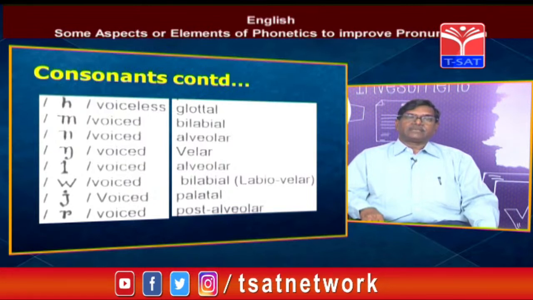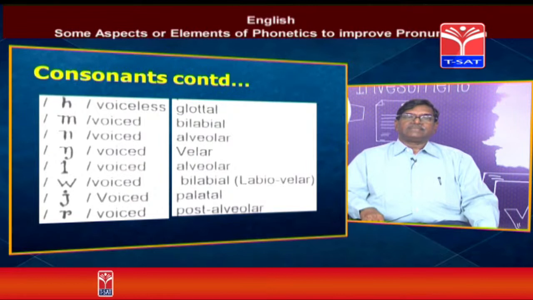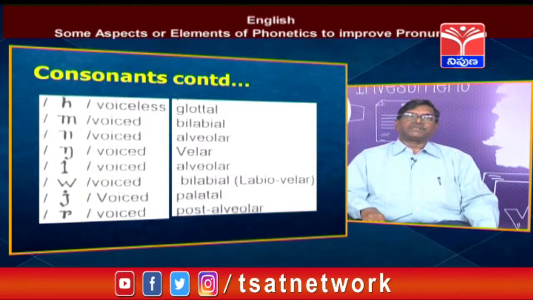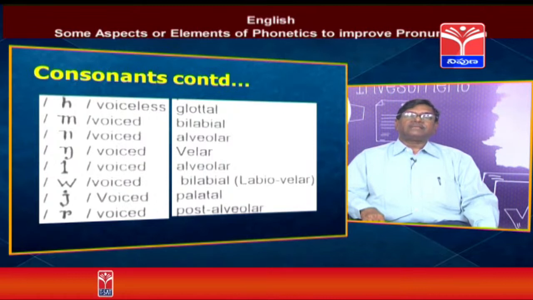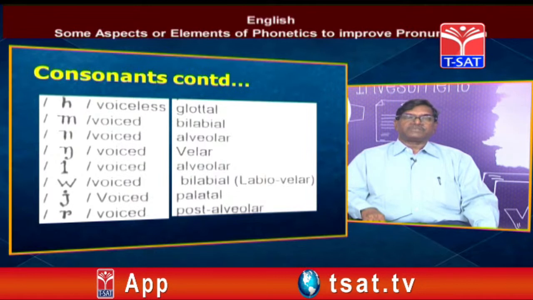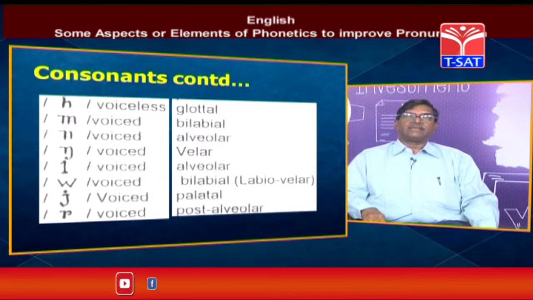Then r sound, all these sounds except h are voiced sounds. So, in all there are 24 consonant sounds and 20 vowel sounds. In all 44 sounds are there in English.